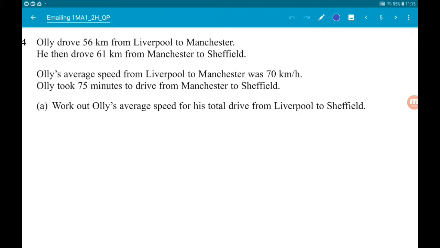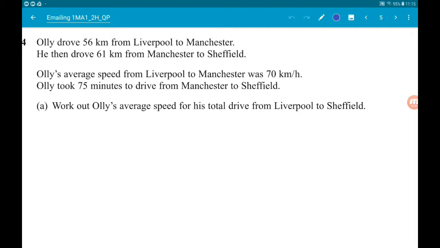Ollie's average speed from Liverpool to Manchester was 70 kilometers per hour. Ollie took 75 minutes to drive from Manchester to Sheffield. Part A wants us to work out Ollie's average speed for his total drive from Liverpool to Sheffield.